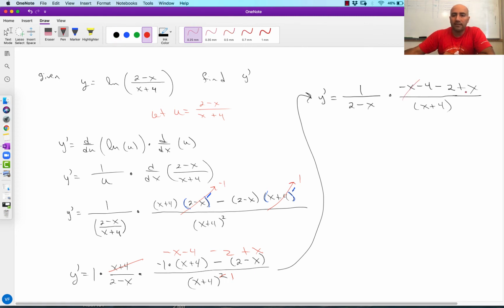So this minus x, this plus x cancel, and we end up with a minus 6. So we're almost there. I can bring them all together into one big happy fraction and just have a minus 6 in the numerator. And in the denominator, we end up with a 2 minus x times an x plus 4. Okay, there we go. There's our derivative.